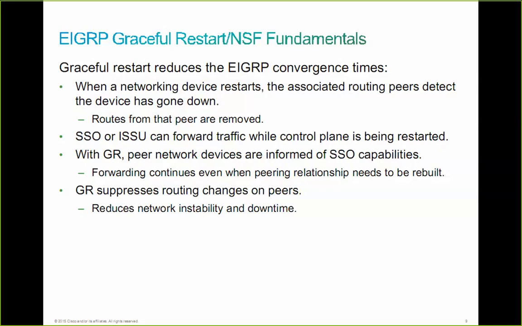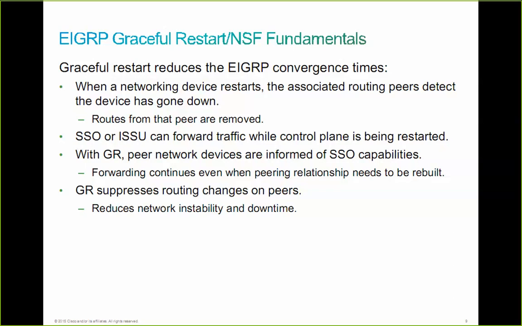So if we're in the middle of an ISSU event or a stateful switchover event, we reduce the downtime of routing information, we reduce the negative effect or instability effect that we have with changes in topologies by simply allowing that graceful restart period to suppress routing changes on different peers during that downtime. All right.